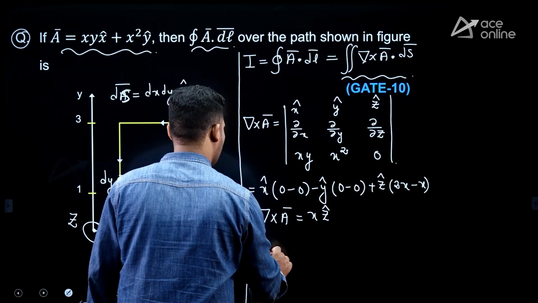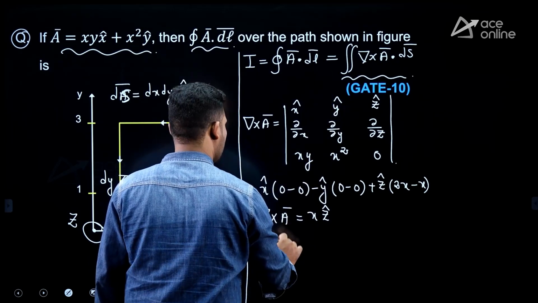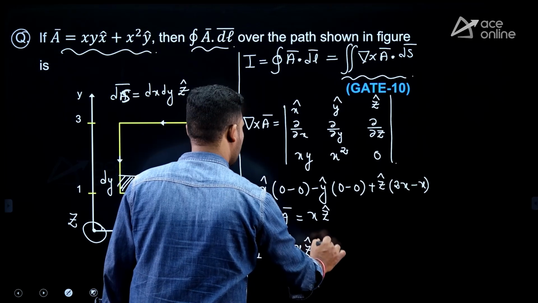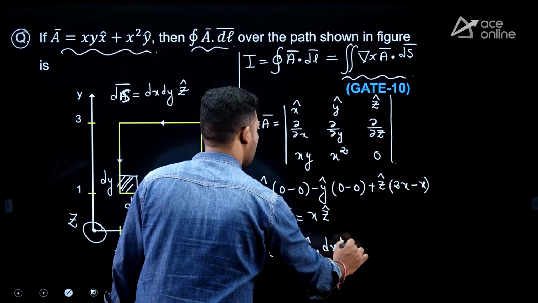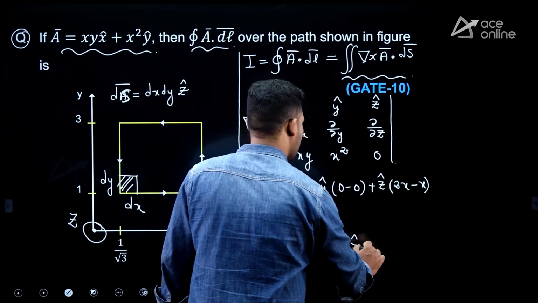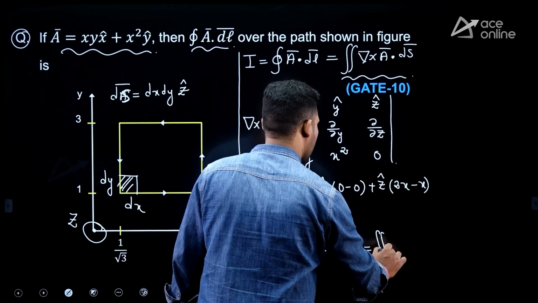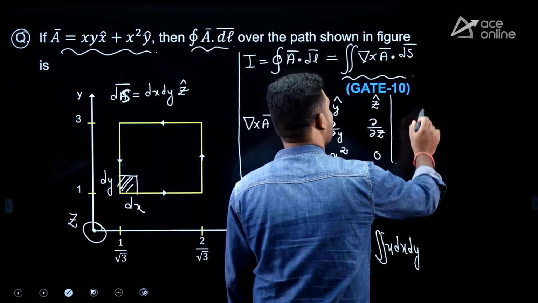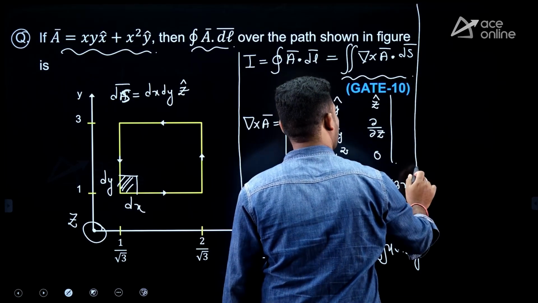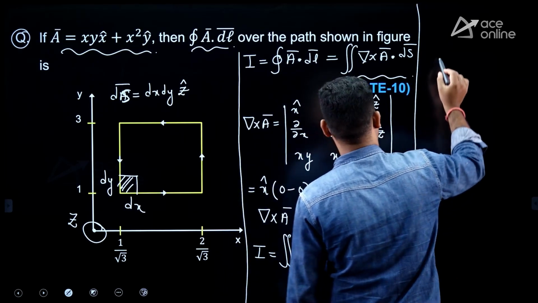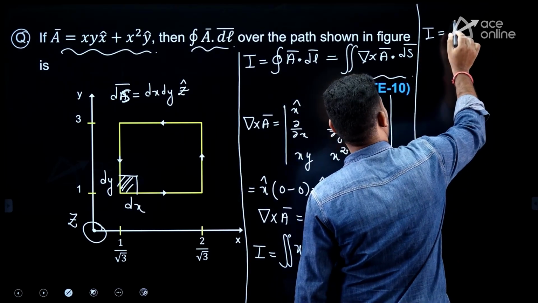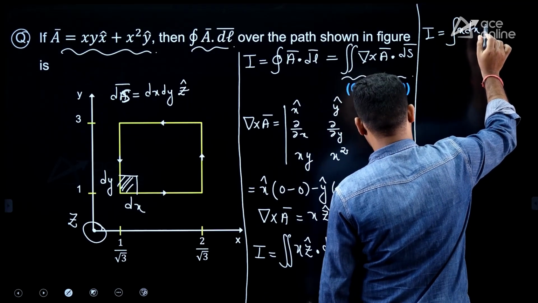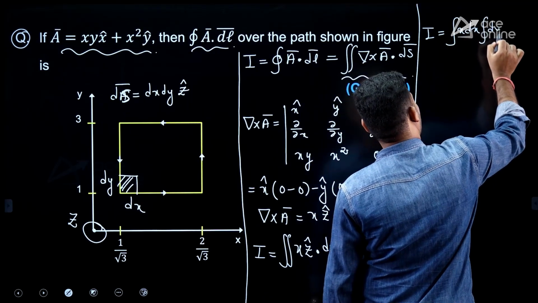So what is the integral I? It is the surface integral of x z cap dot dx dy z cap. Clear? So which is equal to the surface integral of x dx dy. Separate out the variables. I'll continue here. x dx dy.